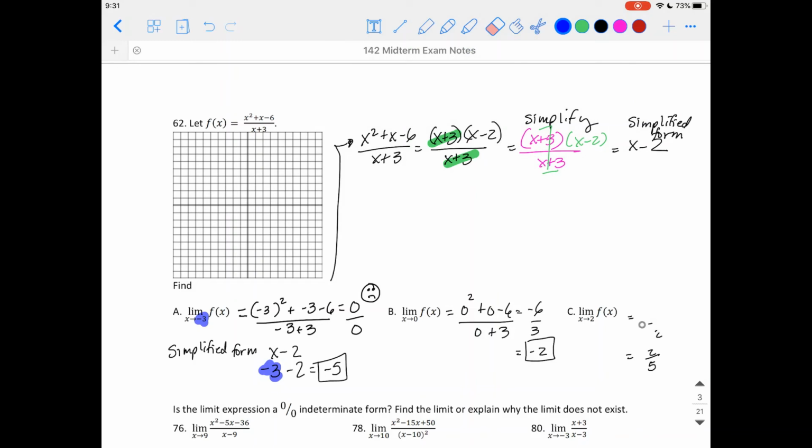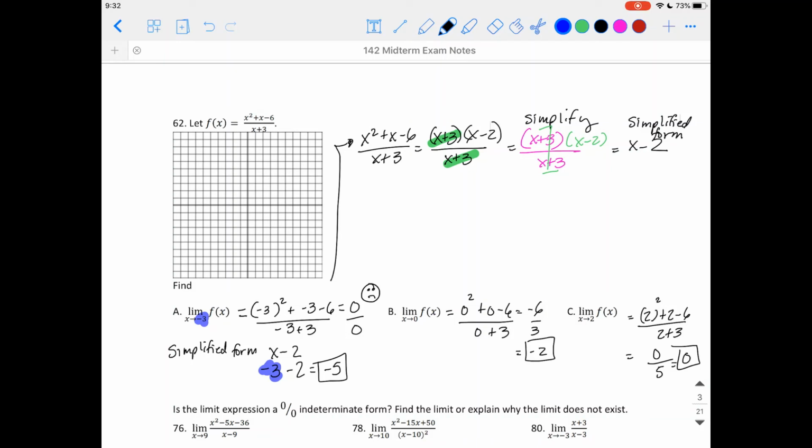Sorry about this. Just try again. So it's going to be 2 squared plus 2 minus 6 over 2 plus 3. So 2 squared is 4. 4 plus 2 is 6, and 6 minus 6 is 0 on the numerator. And 2 plus 3 is 5. So this is going to be 0.